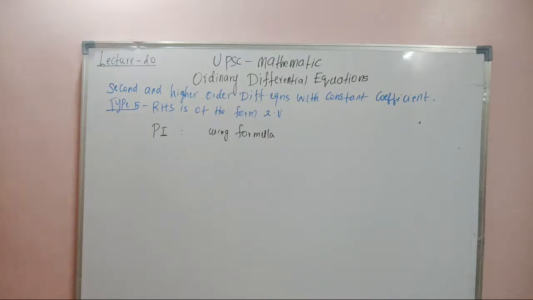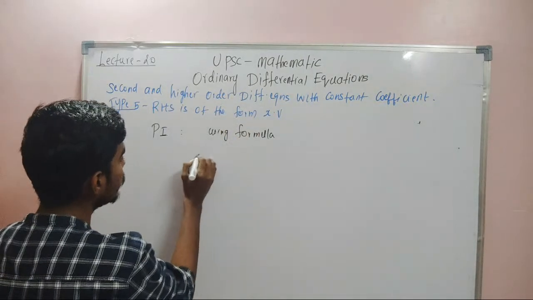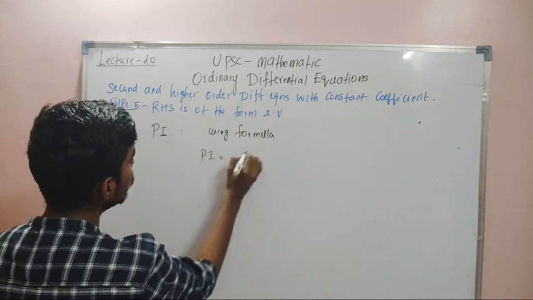There are two ways to solve this type of equation. One is using the formula and another is using a proper substitution. The particular integral can be found by using the formula.